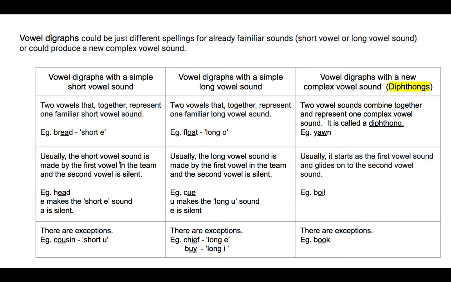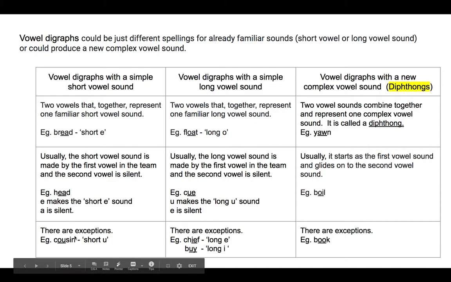Usually, the short vowel sound is made by the first vowel in the team and the second vowel is silent. For example, head, h-e-d. Here, E makes the short e sound and A is silent. So when you read it, it becomes h-e-d, head.